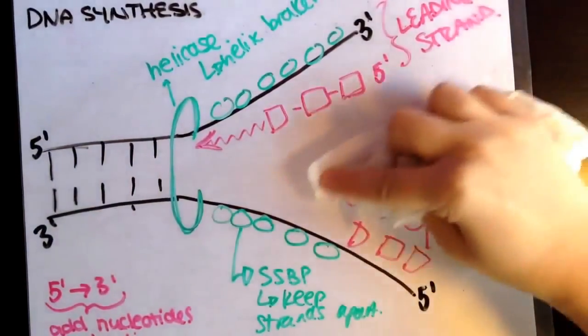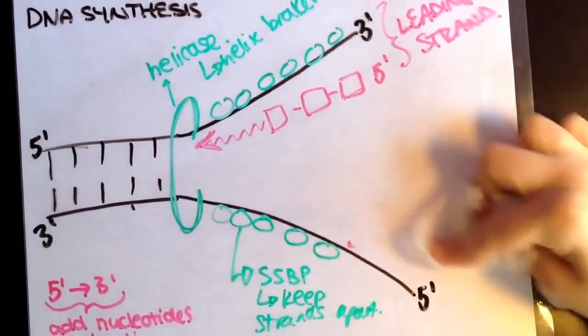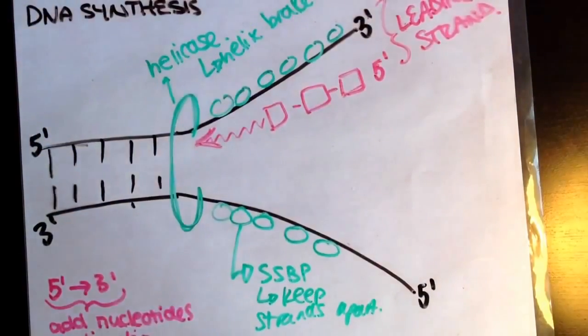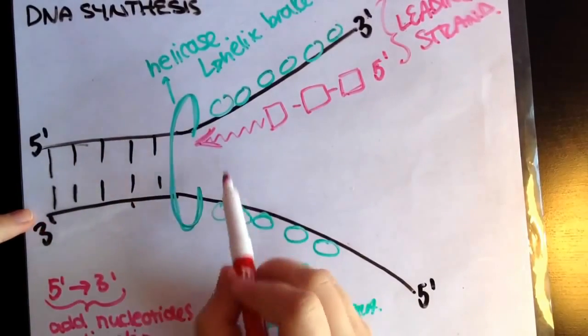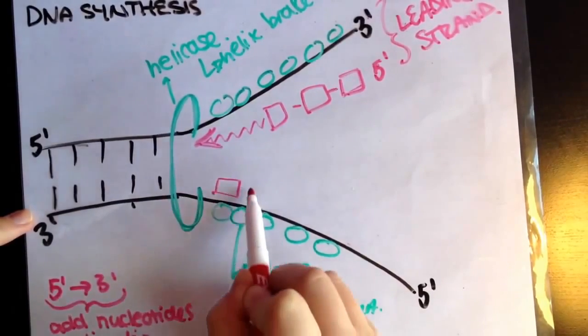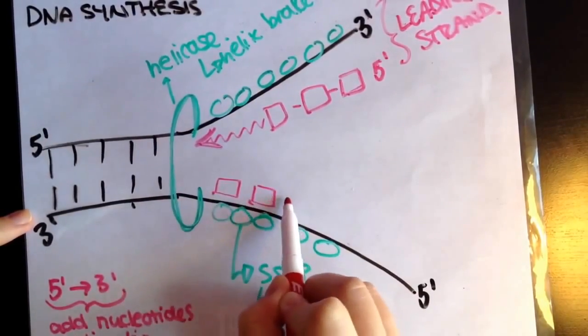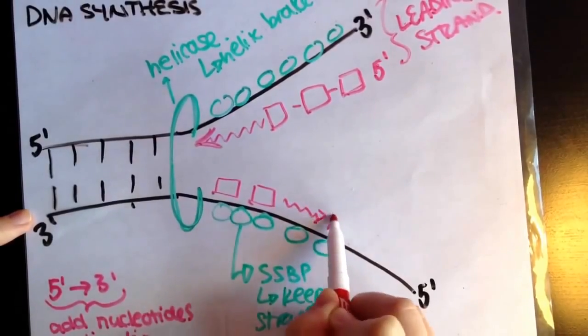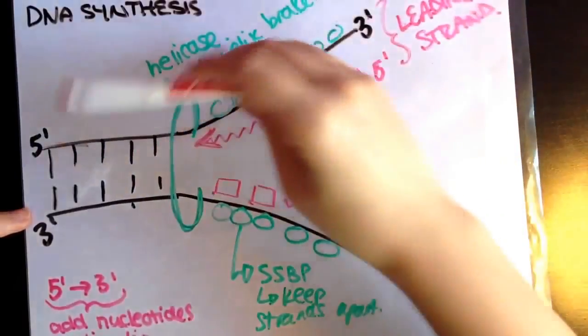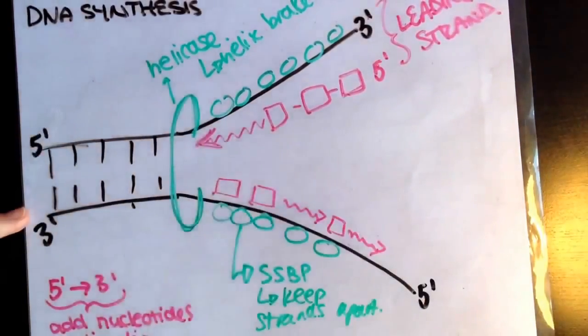So instead, what happens is, as my helix is opening up, if this is my 3' direction, I add sequences going this way, right? I add it going this way, the opposite way. So this one's being added this way, this one's being added the opposite way.